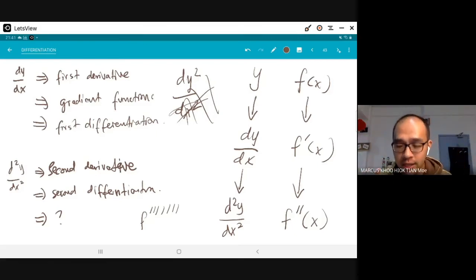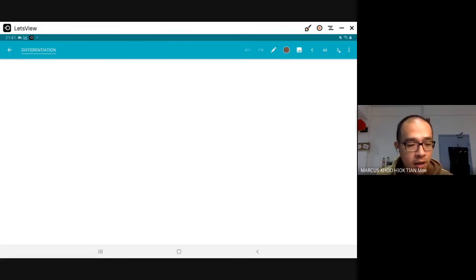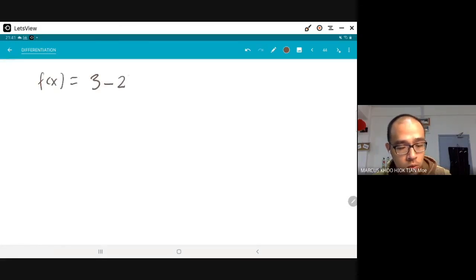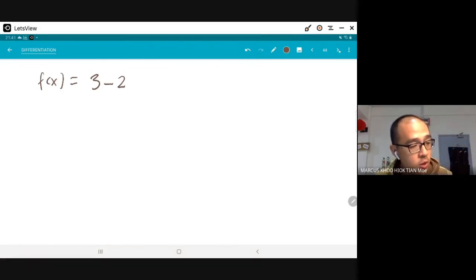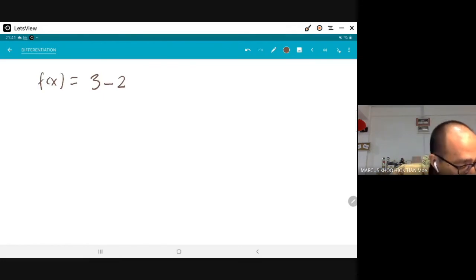So the steps are the same. For example, if you take a look at the example given over there, f(x) is 3 minus 2. Oh, sorry. I cannot do this for you just yet. Let me see. Let's do number 1, it is easier.